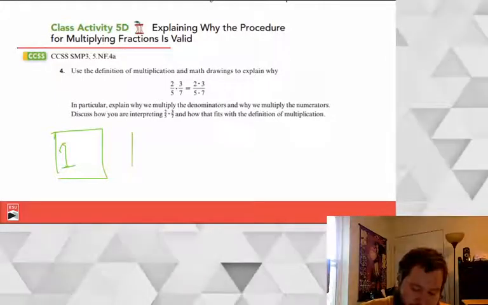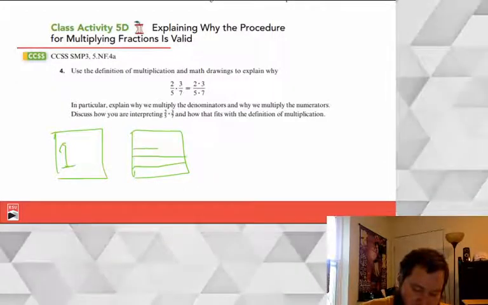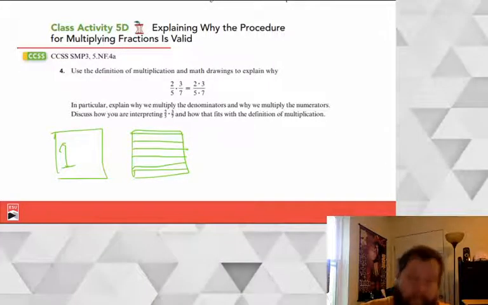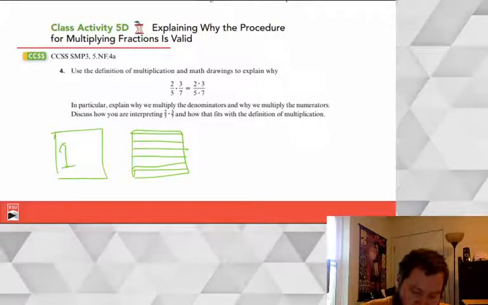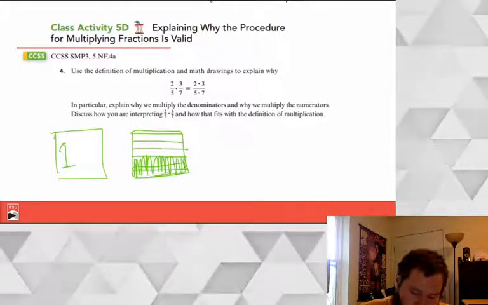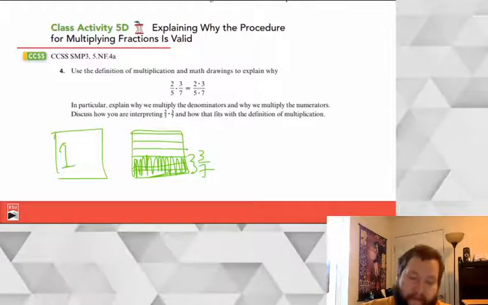Well, we need 7s. 1, 2, 3, 4, 6. We'll pretend those are all equal sized 7s. 1, 2, 3 of those. So that is 3/7. And we have 2/5 of a group.